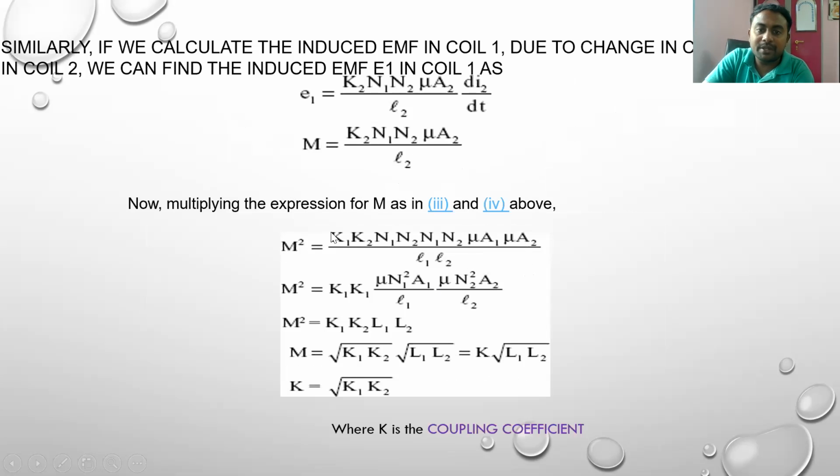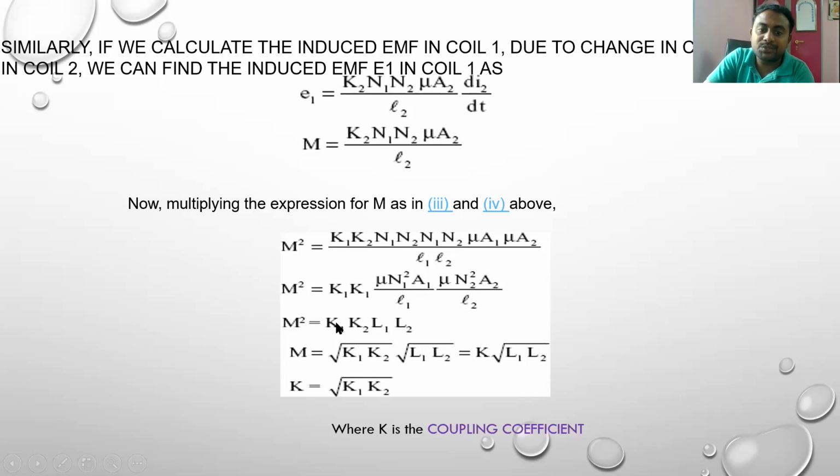So K1 K2 I am separating, and mu N1 square A1 by L1 and mu N2 square A2 by L2. As we derived the self-inductance value as mu N1 square A1 by L1, I am substituting the self-inductance of coil L1, and this is the self-inductance of coil L2.